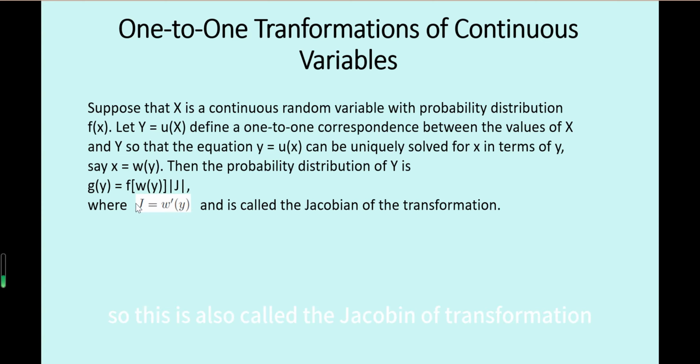This is also called the Jacobian of the transformation. So the density of g(y) is f, the density function of X, filled in with the inverse of x in terms of y, then times the value of this J.